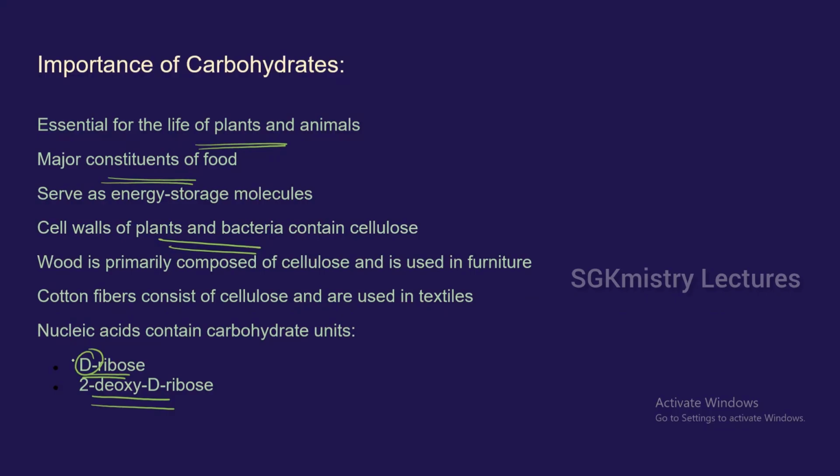They are treated with a concentrated solution of NaOH, and this particular process is called mercerization, which imparts luster, that is a shiny appearance, to cotton fabrics. So these are some additional information with respect to the applications of carbohydrates in our daily lives.